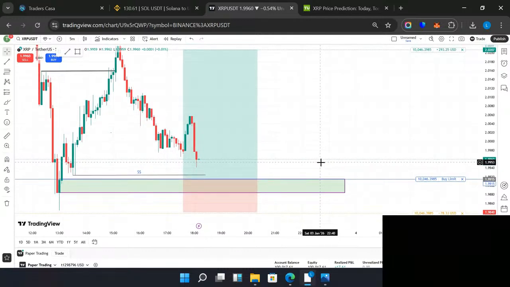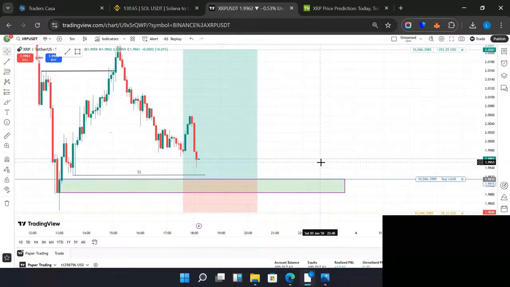Right now it's a bullish candle, but I hope it's going to be a bearish candle. I'll check out some things. I'll practice some trading over here.